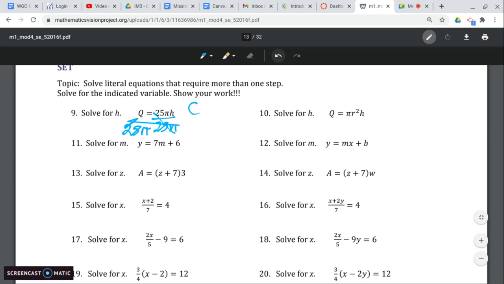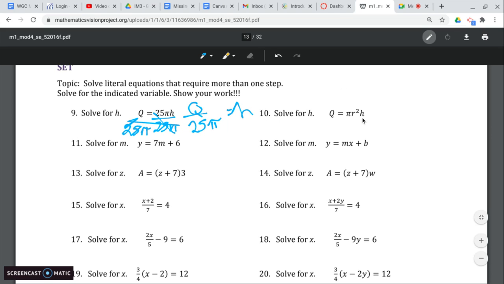So we have Q over 25 pi equals h. There's our answer. We have now solved this for h. You are not going to get numbers for the majority of these. There's 3 that you'll get actual solutions, just plain old numbers for. The rest of these you will not.